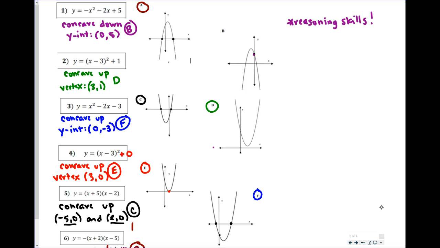So when you get to your practice, you're going to notice that you have a bunch of different things to match. You're going to have 9 standard form equations, 9 vertex form, 9 intercept forms, and you're going to match them to their graphs and the descriptions of them. There's lots of ways to go about doing it and figuring it out with some reasoning, okay? Your mastery is going to be very similar.